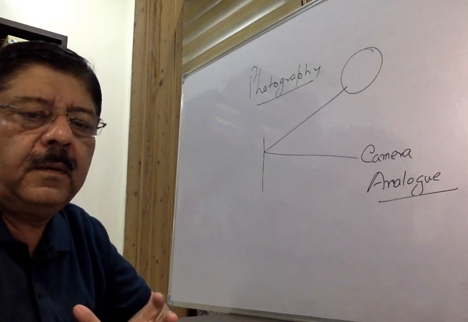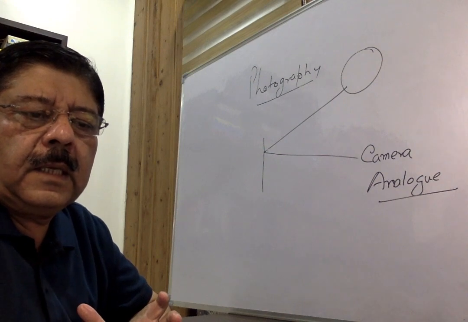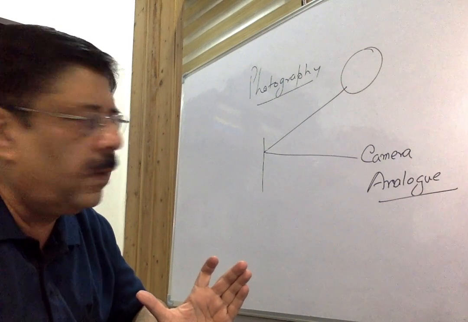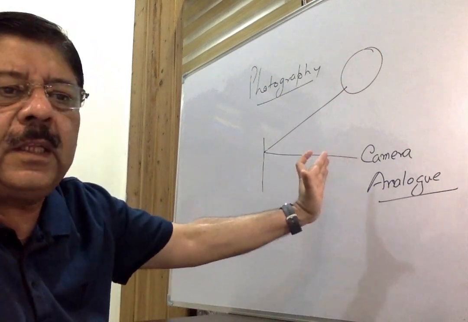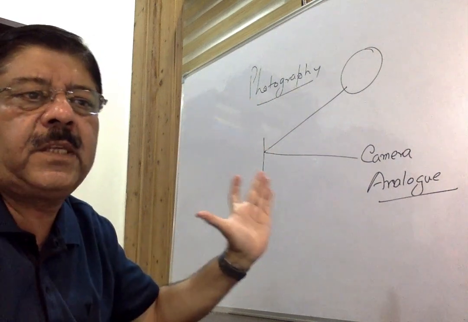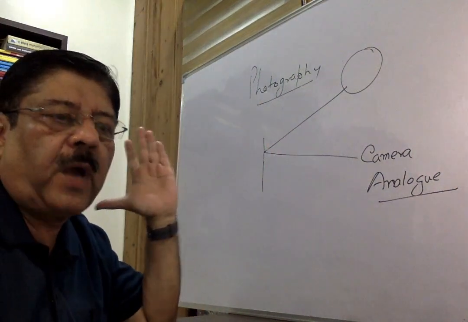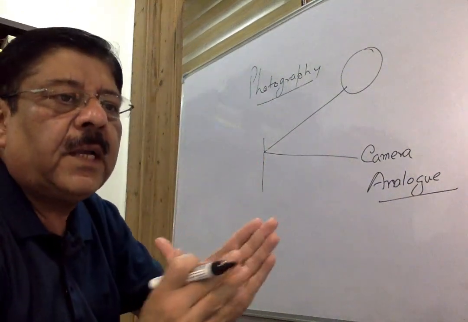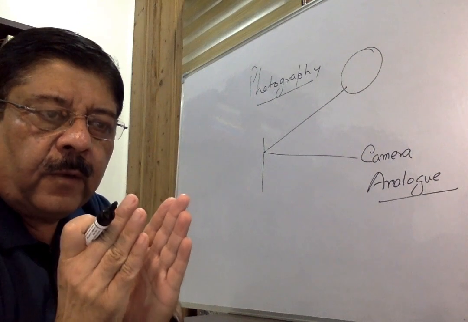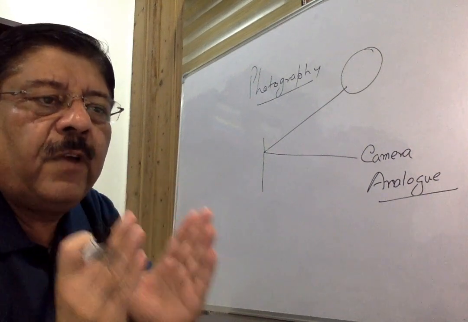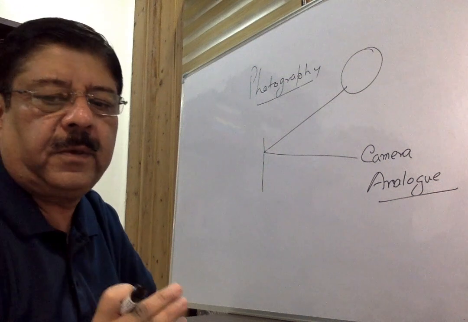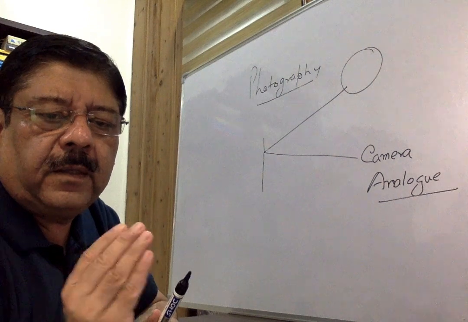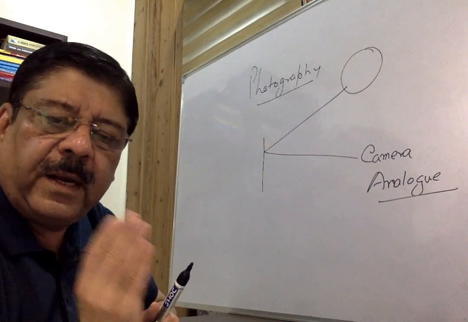What will happen? Light will fall on the object and that light will be reflected. It will fall on the camera and make an image, like it was making an image in your eye. It will make the image on film, and that photographic film will permanently record it.